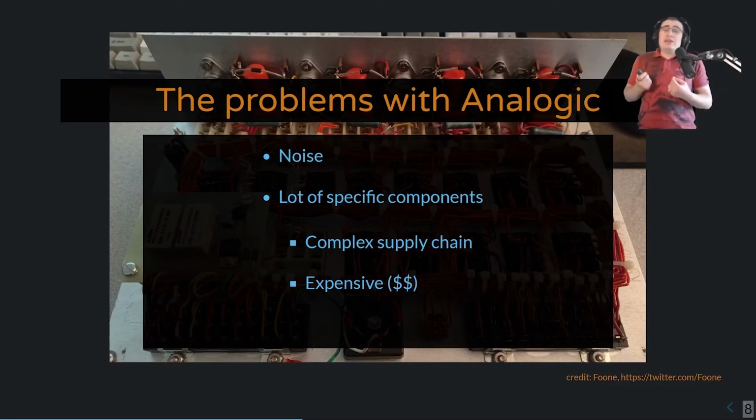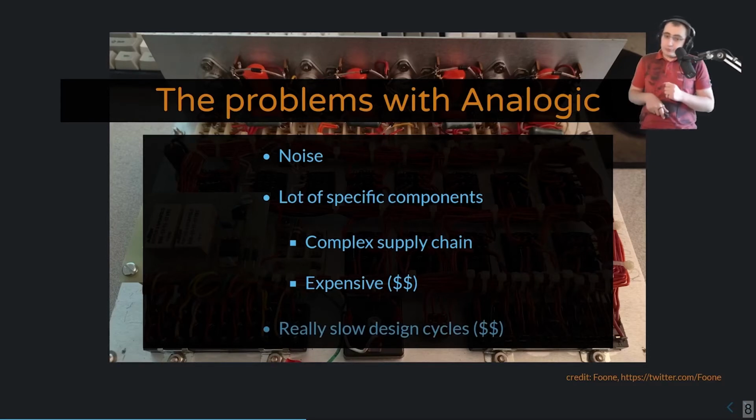And that means you get a really complex supply chain. And as we are discovering these days, a complex supply chain becomes really expensive really fast. And that means that even if you make a really simple board, it's going to become really expensive because you have to pay for all this complexity.